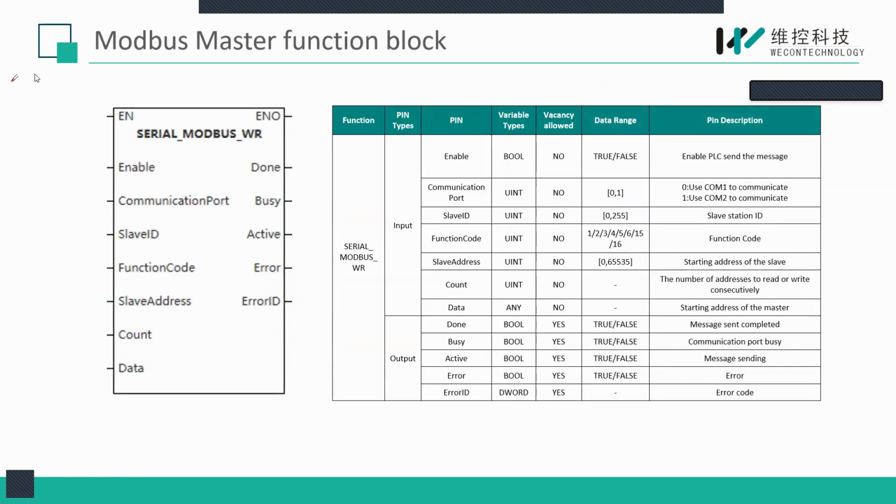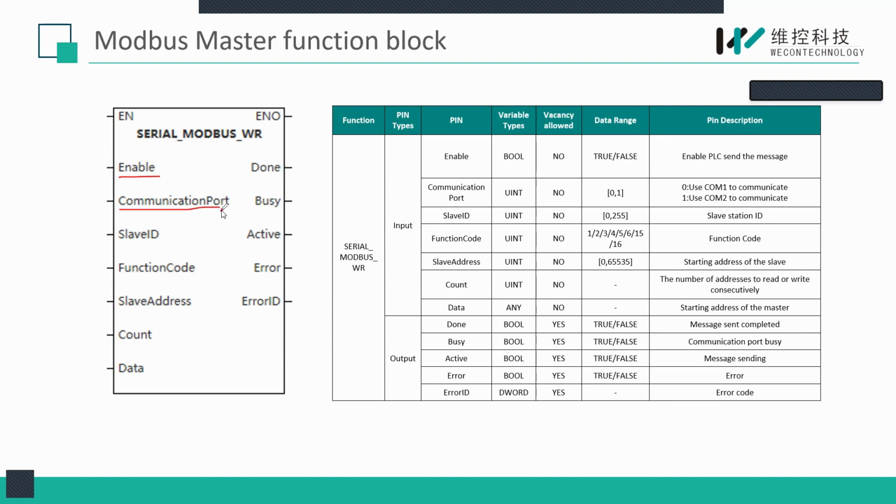So next part, I will introduce our Modbus master function block. This function block is a new one for our 6V. You can see we have the enable to open the function block, and the communication port means which COM port we use.